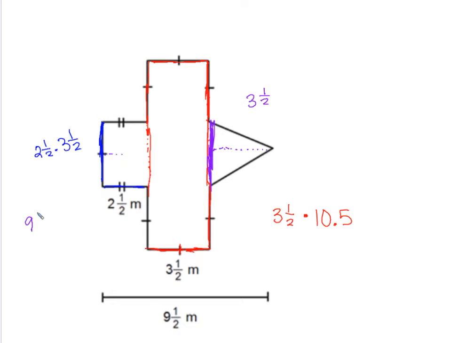So 9.5 minus 2.5, then minus 3.5, is 3.5. So the triangle is 3.5 tall and 3.5 long. So 3.5 times 3.5, and then since it's a triangle, I must divide it by 2. So I need to add all 3 of my products together.